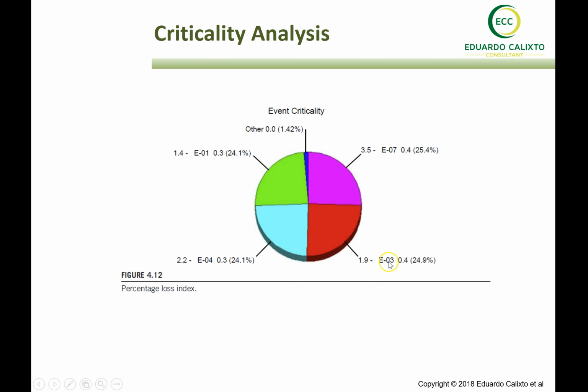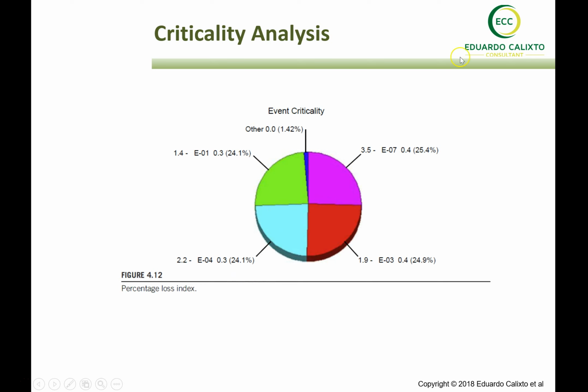We can see that E03, E07, E01 and E04 are heat exchangers that have failures caused by incrustation due to low water quality. It's the dirty water that causes incrustation in the tubes of the heat exchangers. These four heat exchangers are supplied with the same water, and in this case they have the same incrustation and basically the same percentage of loss of production.